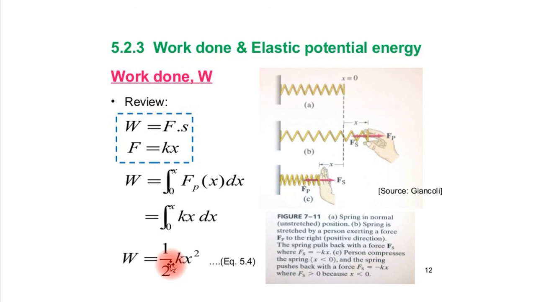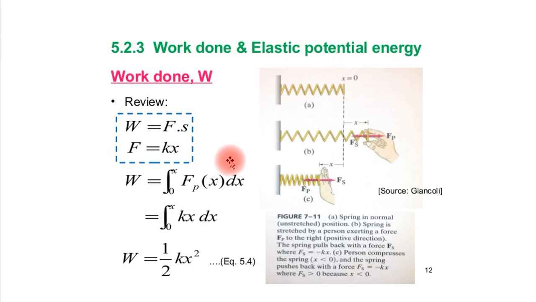So the total work done is equal to the integration of kx dx, and you know the integration of x dx is equal to x square by 2. So W is equal to half kx square.